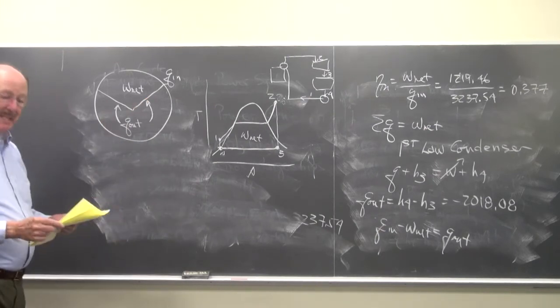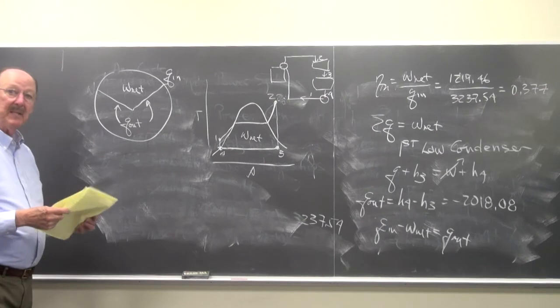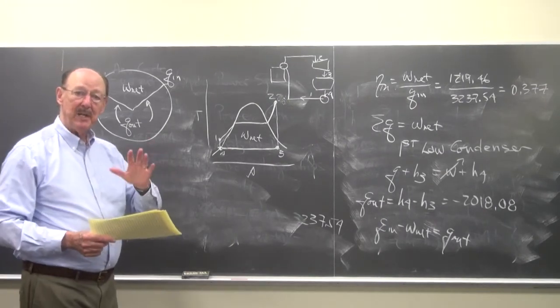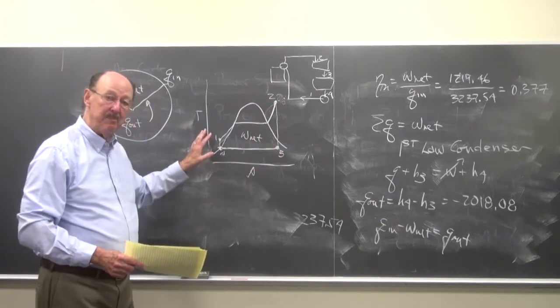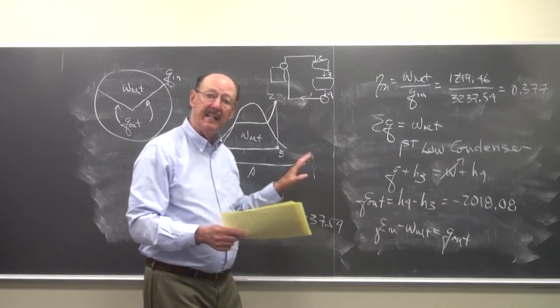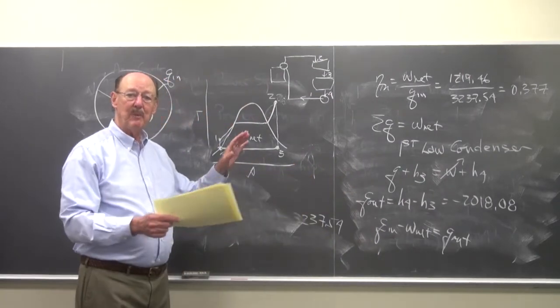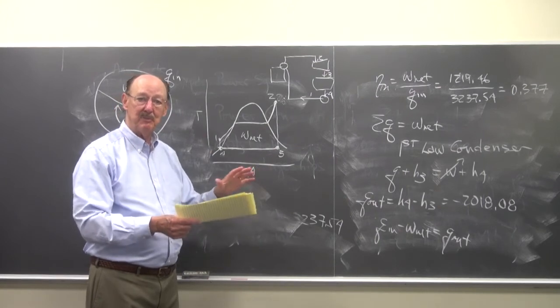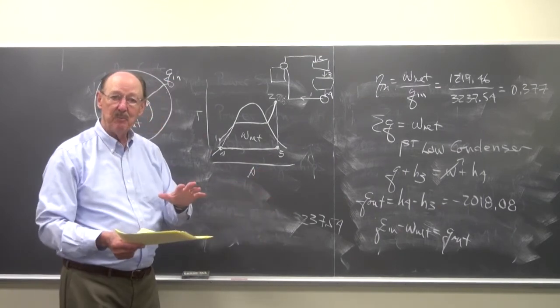So that's what happened. That's our basic cycle. Normally we do the work per unit mass, and then we take a correction if we want to put in a certain power level, etc.